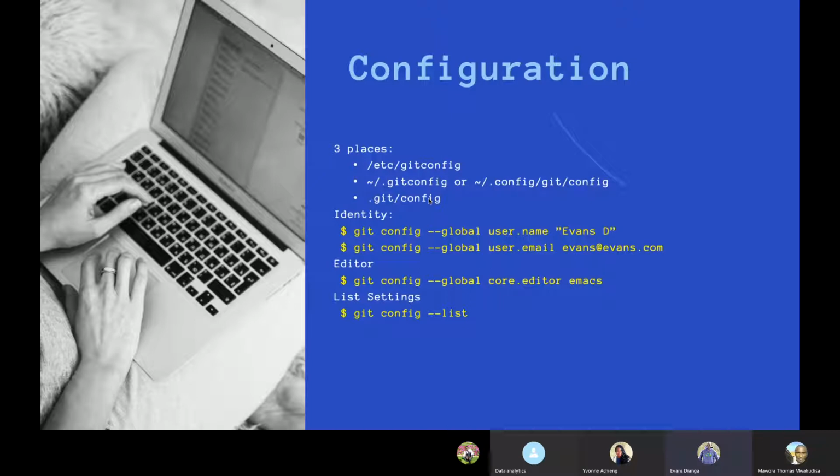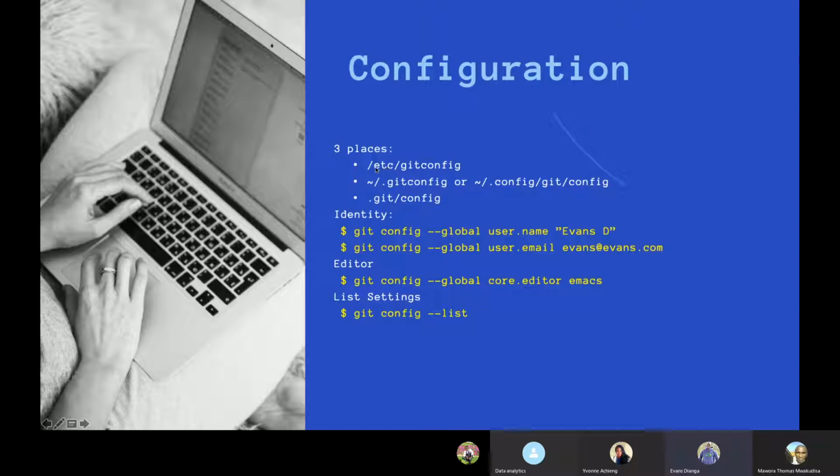within a specific repository. So how does this work? The first place Git looks is /etc/gitconfig. Then the next one is this, and then the last one is this. So in terms of the order, the repository-specific settings take precedence over the user settings and over the global settings.